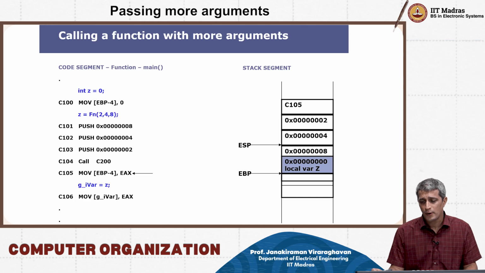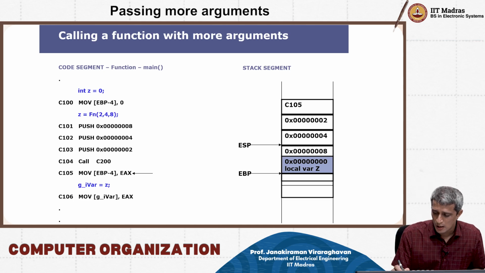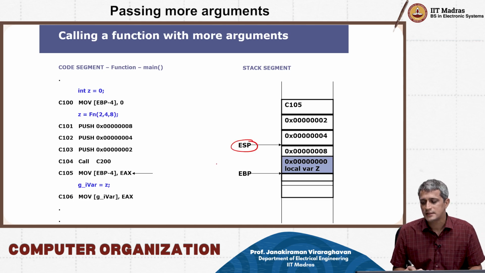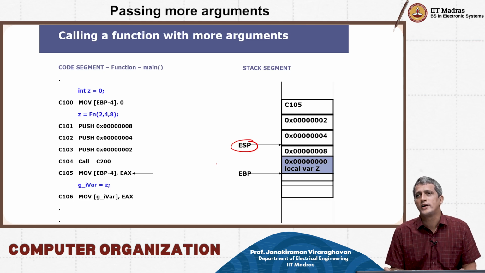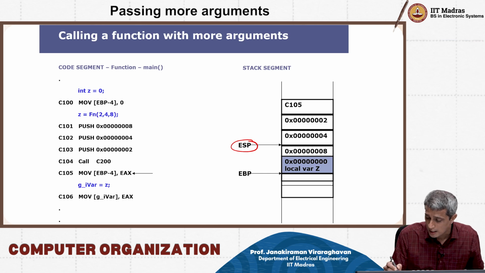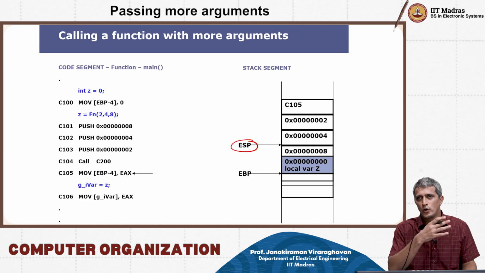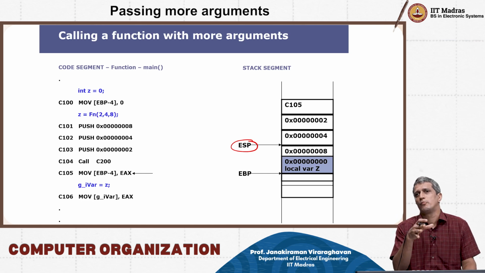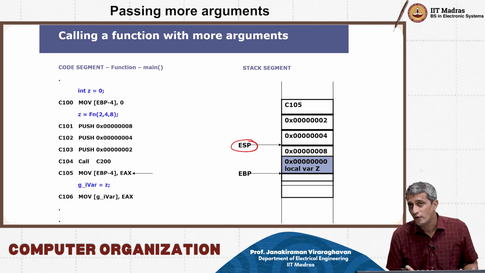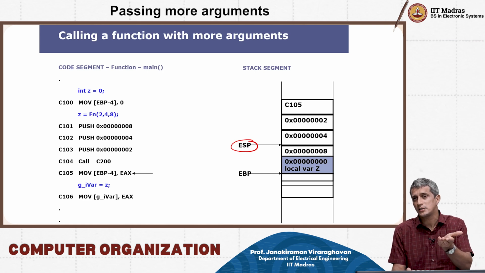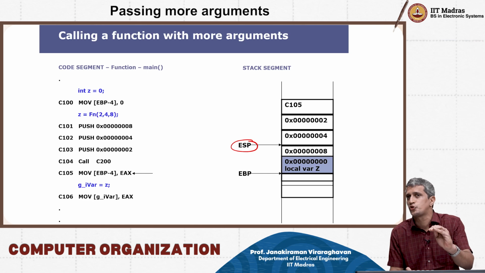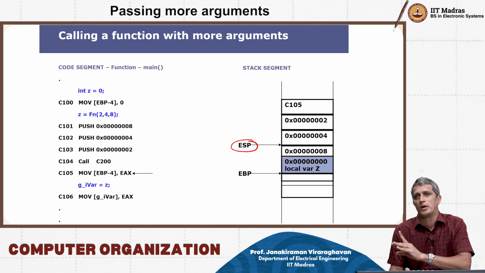Now what is going to happen? The problem here is my ESP is actually still not back to its original value. Okay, remember when we started all this from main, my ESP was in a certain location, but even now what we have done, we have pushed more parameters but not undone the pushing with the same number.